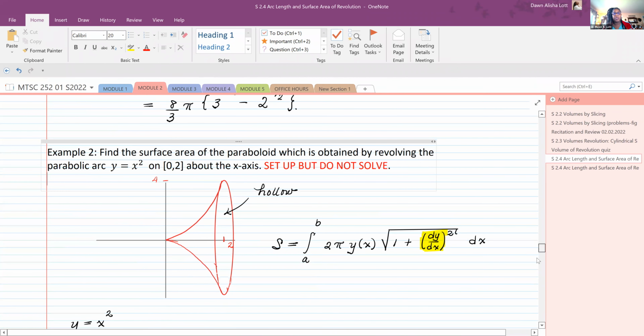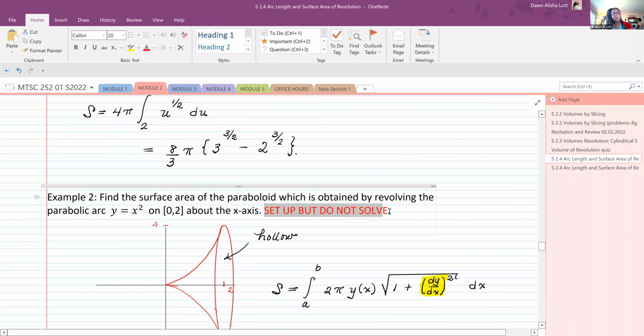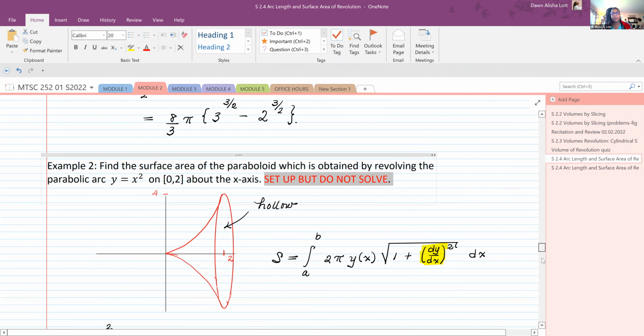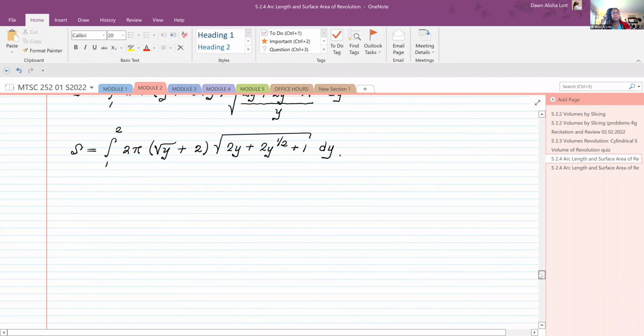This one, when you get to this point, I know that at the end of this integral, that's not something anyone has taught you in your mathematical career. So I would say, set up but do not solve, which means once you put the integral in, you stop.